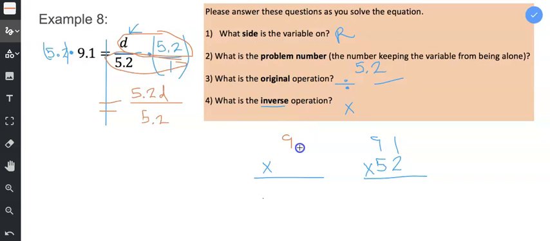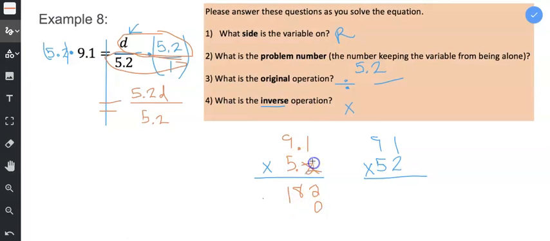So I started to write some of this down on the right. 9.1 times 5.2. Remember that I could even just multiply 91 times 52 and ignore the decimals, because we don't need to worry about the decimals until we've multiplied. So 1 times 2 gives me 2. 9 times 2 is 18. I need to put in a 0 to hold the place.